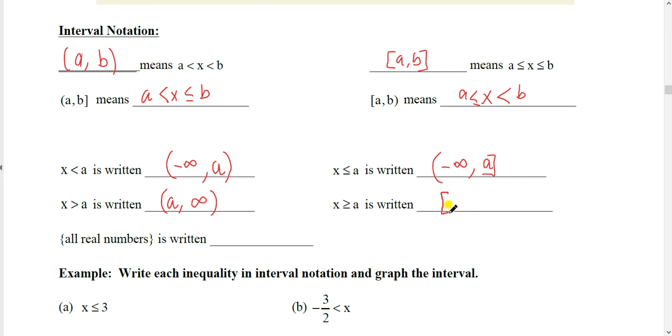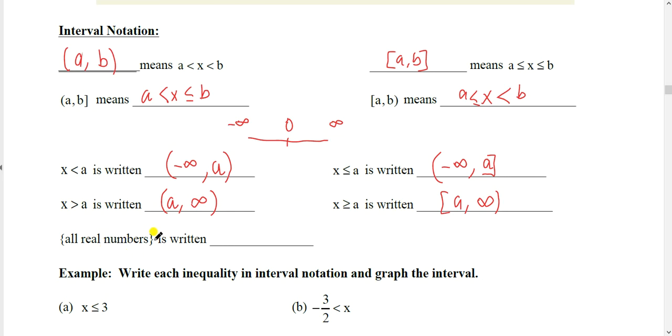And the same thing here, a up to infinity. That means all the values of x bigger than or equal to a, and go all the way to the right to positive infinity. Remember, here we have 0 on the number line. If you go all the way to the left, very far to the left end here, you are approaching negative infinity, and all the way to the right is positive infinity.